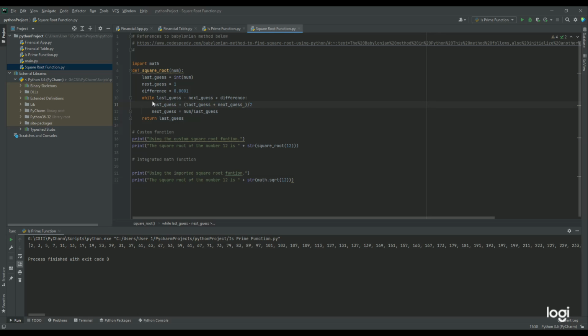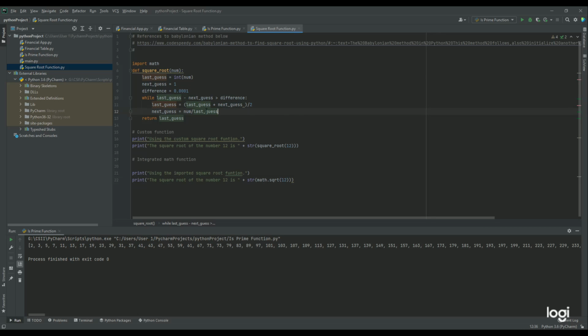So the function works like this. It's a looping function that keeps on changing last guess and next guess until they're almost identical, until there's a difference of the number stated before. So we'll take last guess minus next guess is greater than the difference. So last guess, in this case 12, minus 1, is greater than the difference, which is this small number. Then it does this loop.